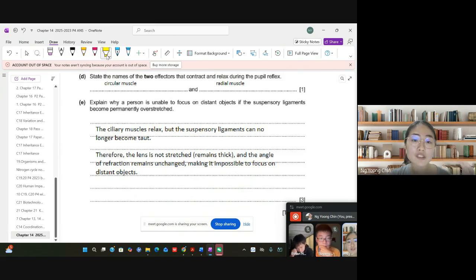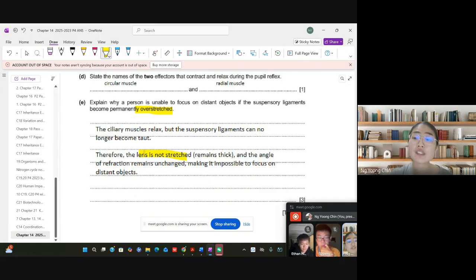Okay, because it's overstretched, right? Overstretched 就是说它过度拉伸 because when the ligaments, right, they overstretch 过度拉伸的话 the ligament, they will become something like loosen 松弛 so that's why the lens, right, is not being stretched. Okay, because whenever the suspension ligament just stretch on the lens, right, the lens should appear thin, right, because the ligament just pulling on the lens.